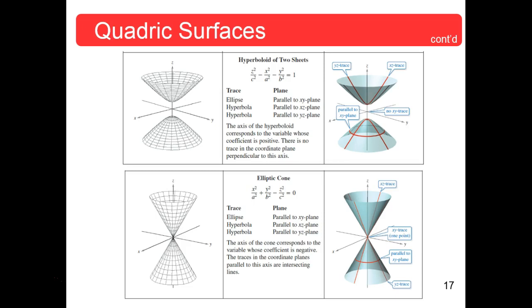But if z is equal to any constant not 0, then this is a negative number, because of the minus sign here. And if you add it to this side, you get a positive number. That gives you ellipses here, above and below, anytime z is anything other than 0. If z is equal to 0, everything's 0. But if z is anything other than 0, move it to this side and you've got ellipses, up or down.